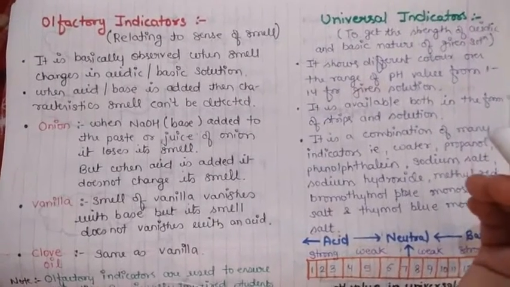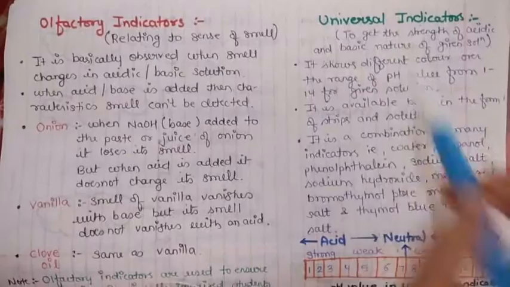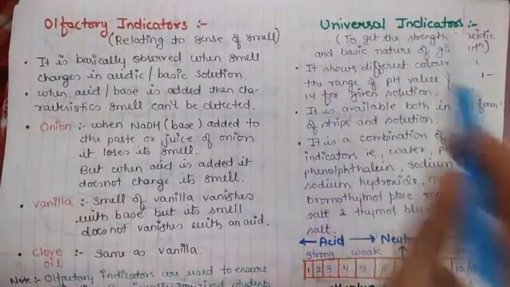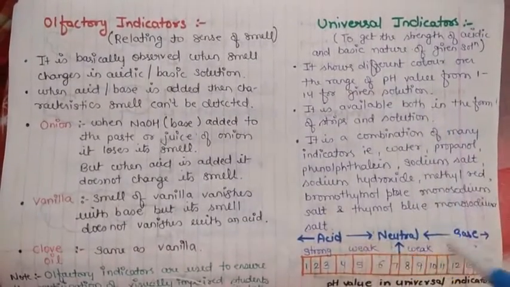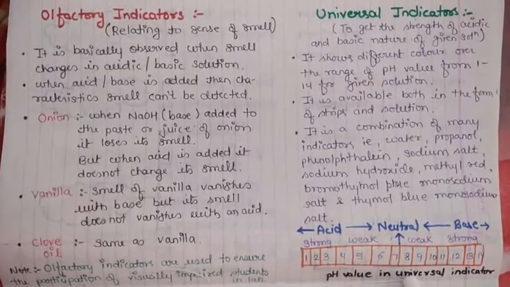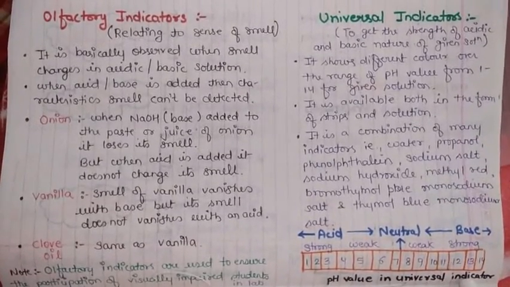For knowing that, we consider this universal indicator. This universal indicator can be studied with the help of the pH scale. This is the pH scale, which will have a pH value in the universal indicator.